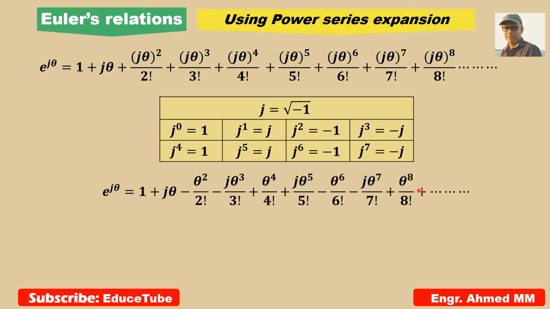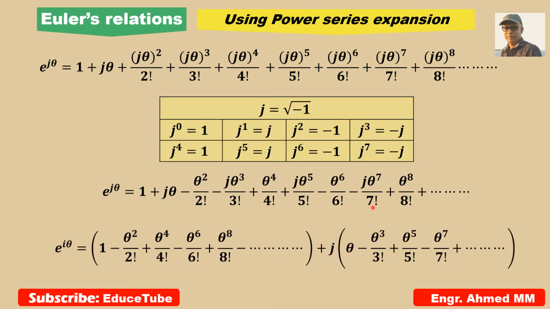Now one important point is we can make two types of groups here. One is with even number powers: look at 2, 4, 6, 8.